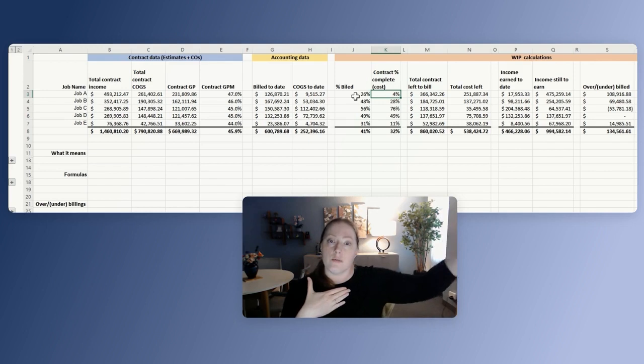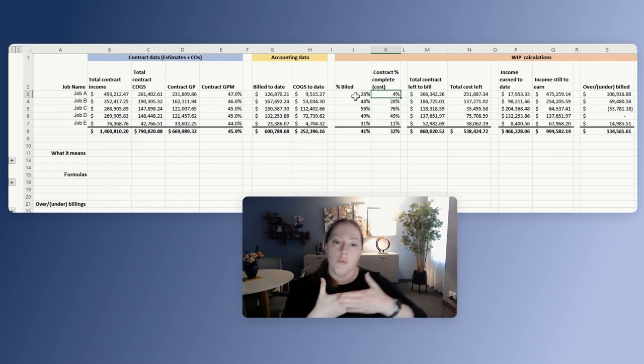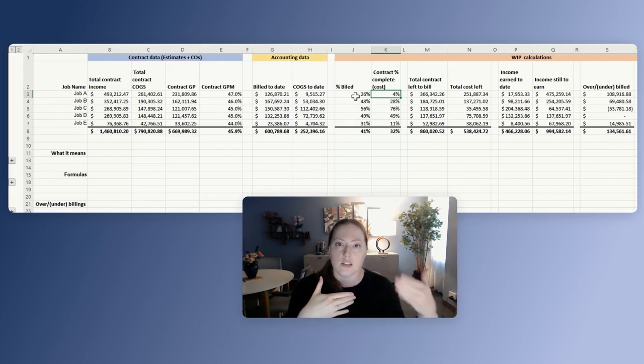So the cost is going to come in the future, but you have gotten more money up front. And in terms of cash flow management, this is really an ideal situation because you are not using your own money to fund the cost for this particular job. So you're using your customer's money to fund this job, right?